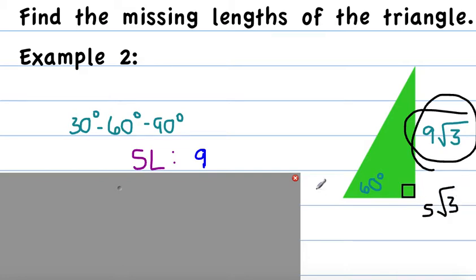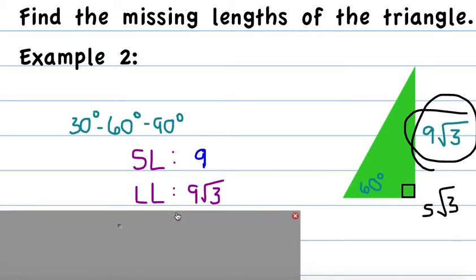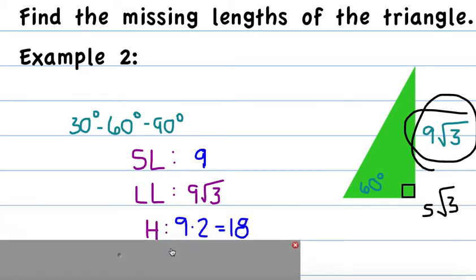In this case, S is 9. So we know the long leg, which was given to us, 9 times the square root of 3, and therefore the hypotenuse is just S times 2, which will give us 18.